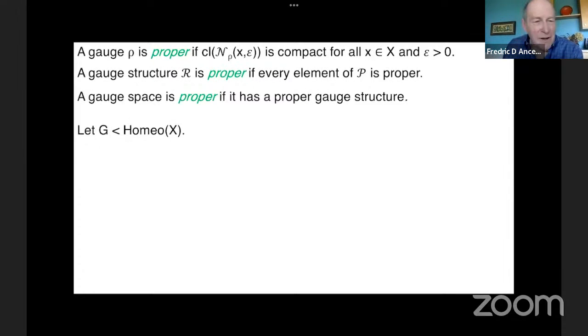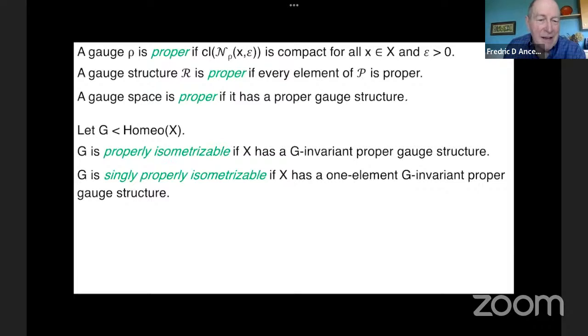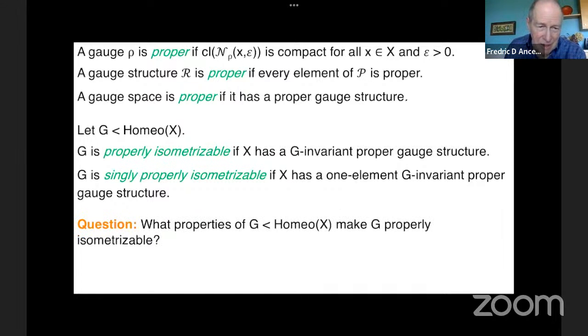So now, again, assume we have a group of homeomorphisms. We will say that the group is properly isometrizable if the space has a G-invariant proper gauge structure. And again, we could talk about being singly properly isometrizable. And again, what properties make a group properly isometrizable?